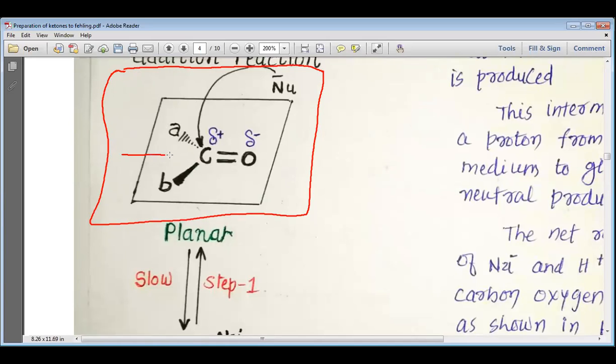This carbonyl carbon is sp2 hybridized. As this carbonyl carbon is sp2 hybridized, you can see that the shape of this is planar.